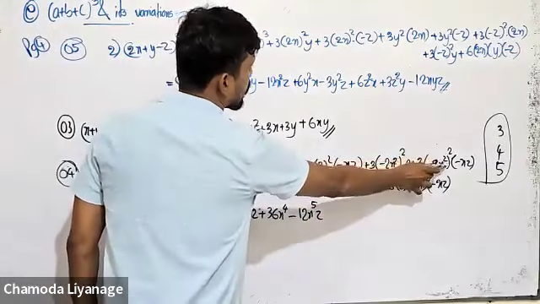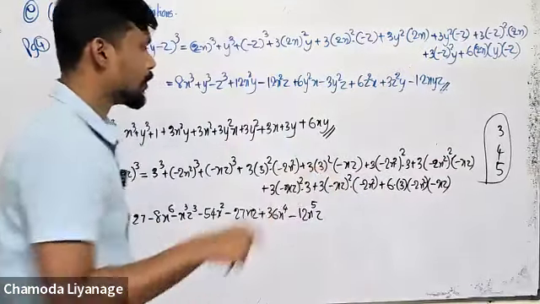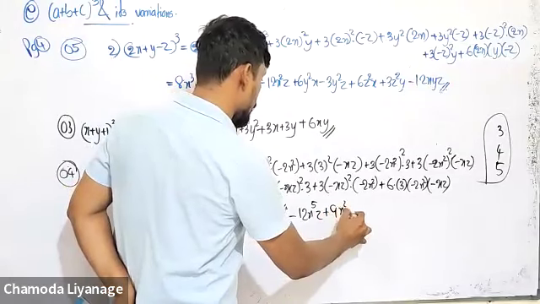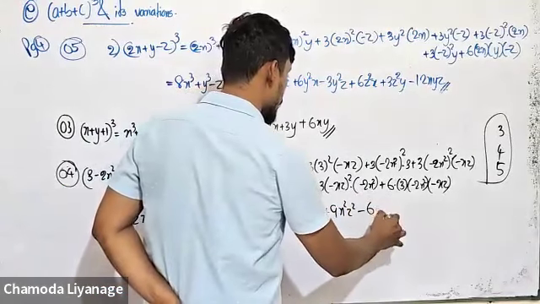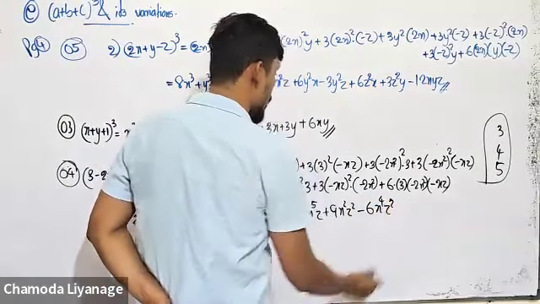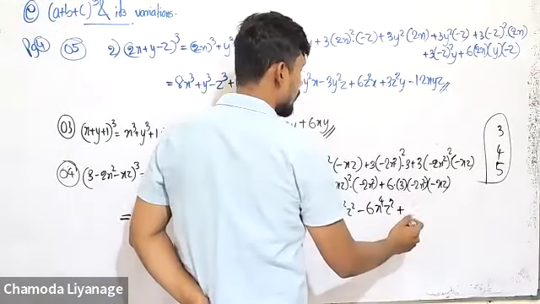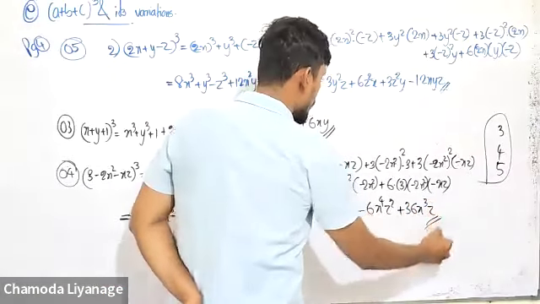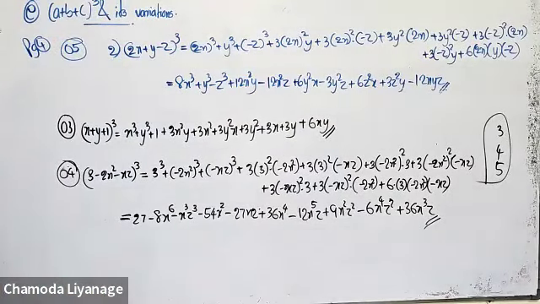Here x to the power 4 into x, there is another x term also, so we will get x to the power 5. And here you will get plus 9 x squared z squared, minus 6 x to the power 4 z squared, and plus 36 x cube z. Clear? Third one and fourth one.